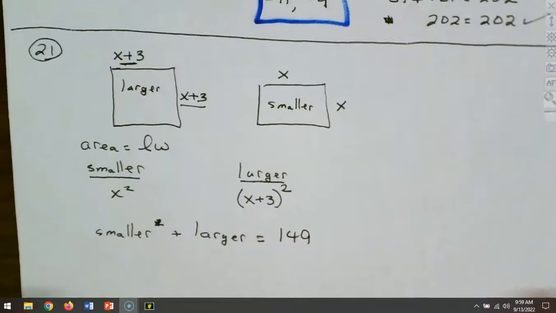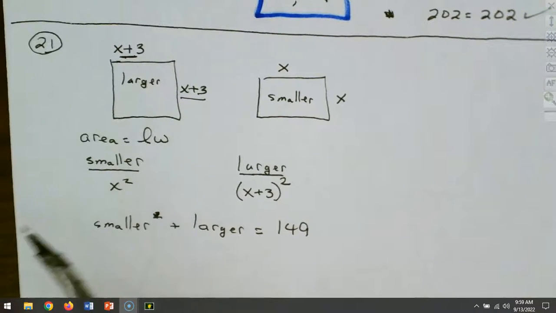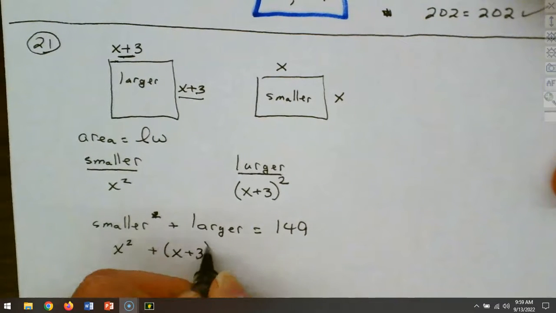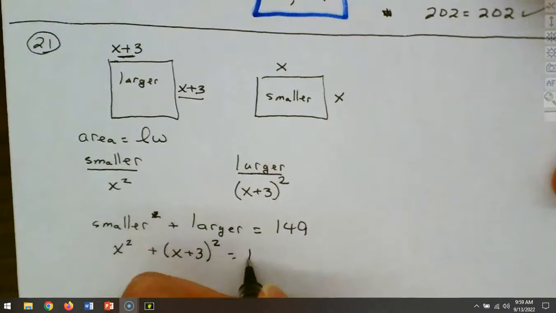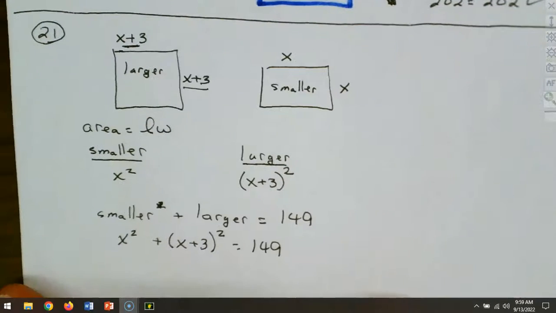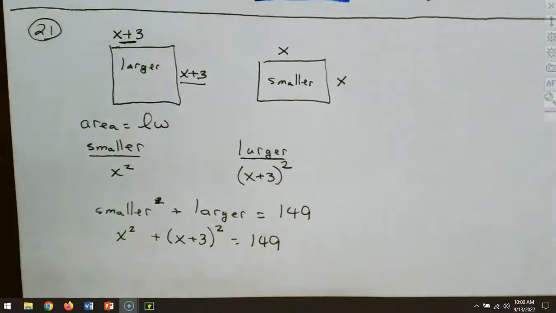The smaller one's area is x squared. The larger one is x plus 3 quantity squared. And that gives you 149. So it's basically the same as what we just did a moment ago. However, when we solve this, we are going to get 2 solutions, but we can't have a negative length or width, so one of them is going to get thrown out.